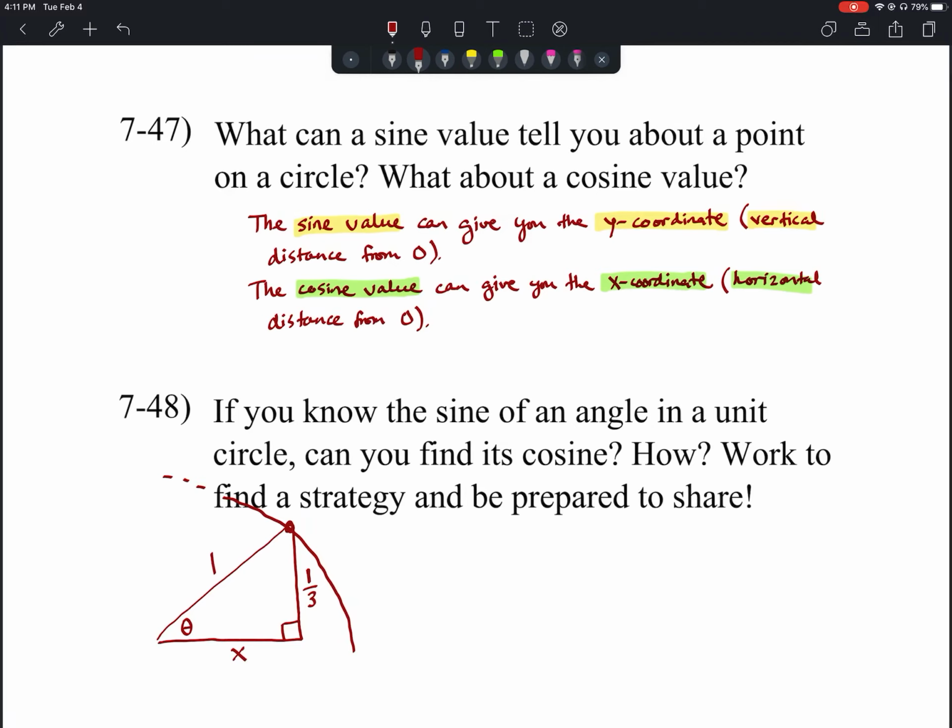Okay, so if I have 1/3 and 1 there, we could look at finding the angle, right? One strategy is we could use the inverse sine to find the angle, and then take the cosine of the angle.